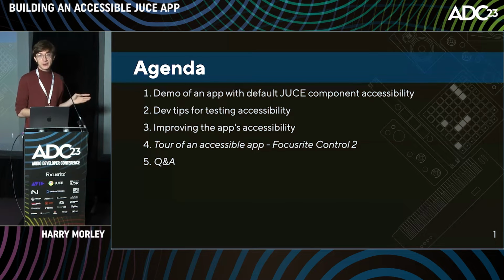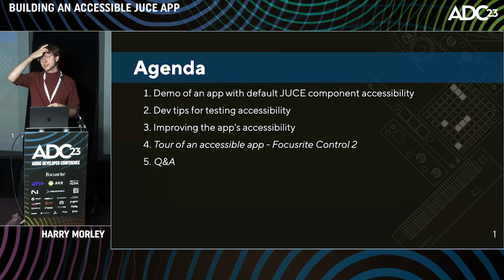If we've got time, heads up, I don't think we will, I can tour a demo of an accessible app that we've got out now, which is Focusrite Control 2 for controlling 4th gen Scarletts. If we run out of time, I'll also be around at lunchtime in our booth, and I might set up VoiceOver and a 4th gen Scarlett so you can have a play yourself. And also, time for Q&A.